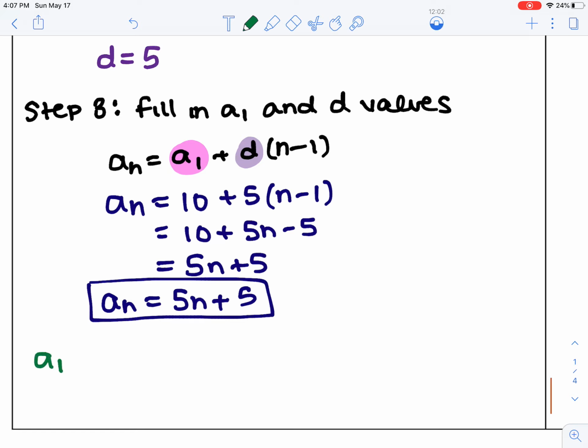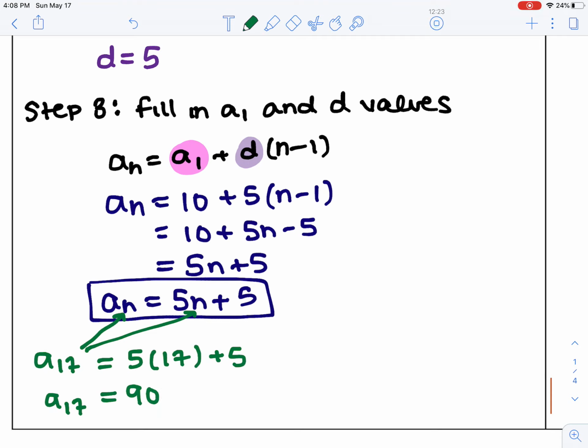If you remember from last week, all that means is we plug 17 in wherever there's an n. So a sub 17 can be found by taking 5 times 17 plus 5. I believe, and this is worth checking me, that that value is 90.